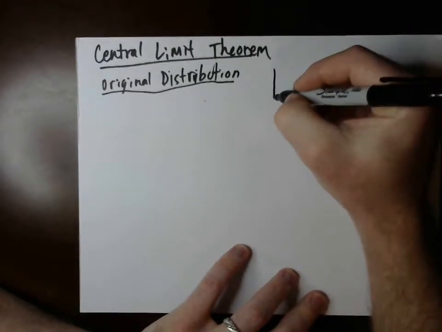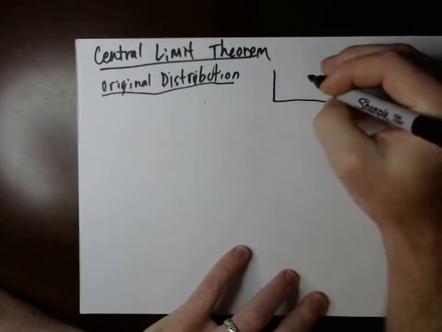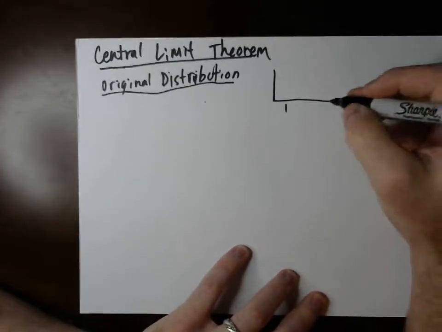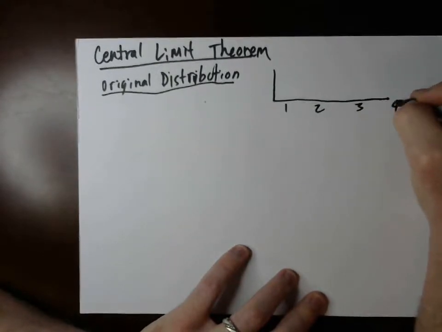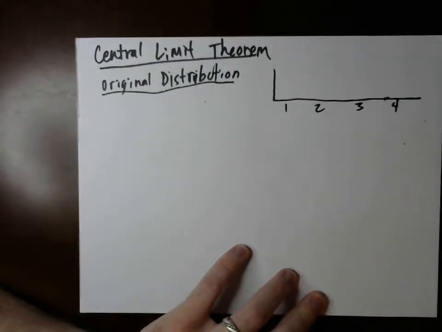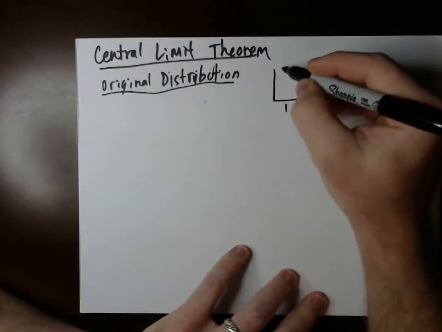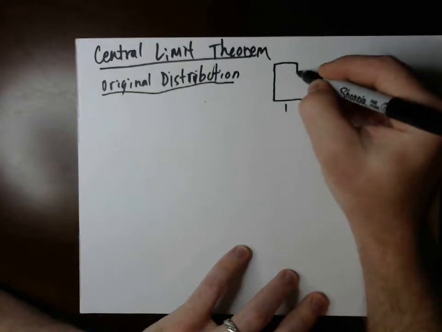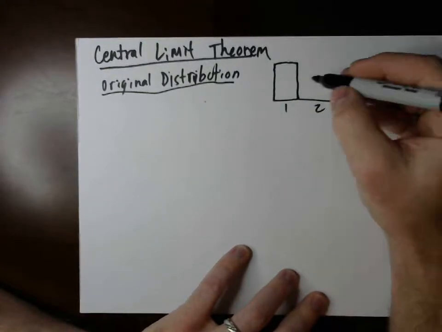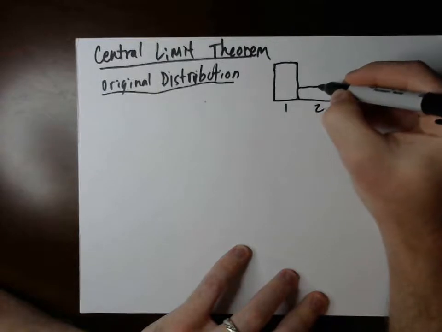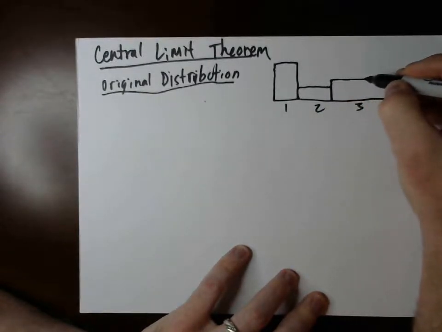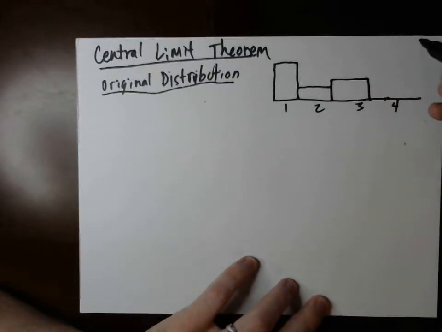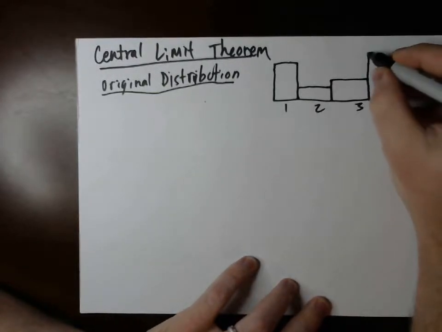Let's say we're taking a sampling from where we have 4 different possible values: 1, 2, 3, and 4. Let's say 1 has a really high probability of occurring, and 2 has a really small probability. And then 3 has a somewhat small probability, and 4 has a huge probability.